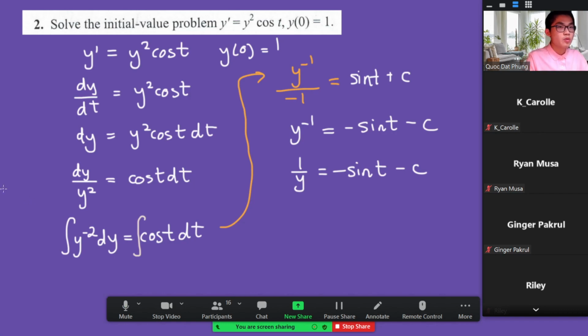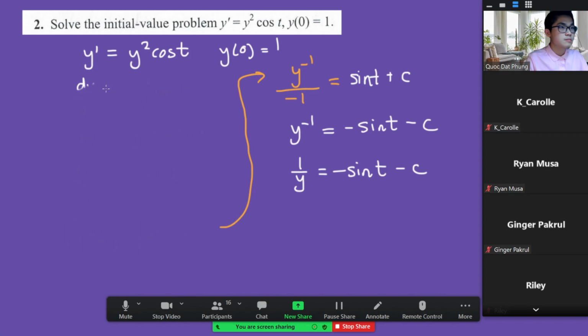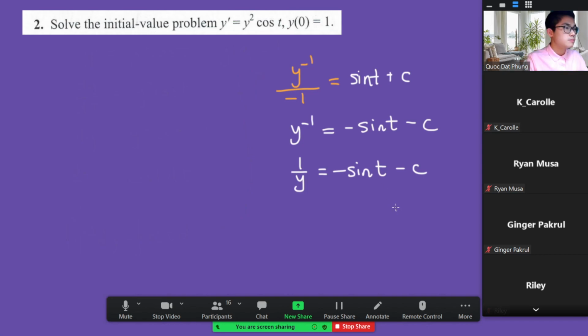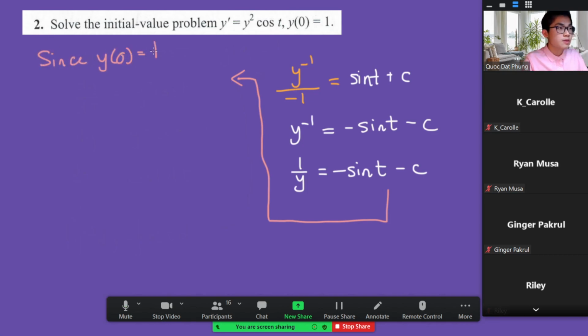Are we good so far? Can I erase this part over here? Since y at 0 is equal to 1, we plug t is equal to 0 in.